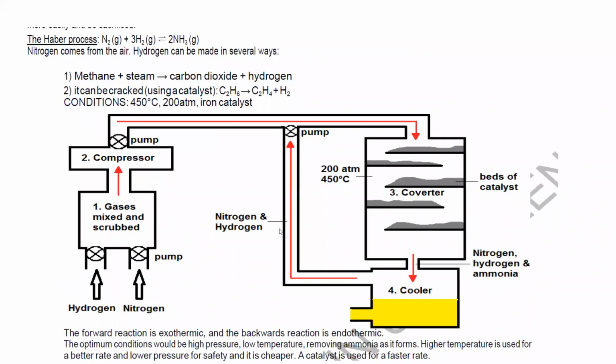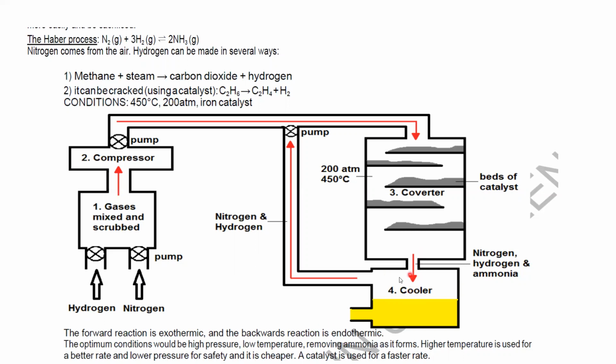So this is basically how the reaction is done. You can see the hydrogen which we obtain from hydrocarbon and nitrogen from air, they are compressed, then passed over a bed of catalyst at around 200 atmospheres and 450 degrees. Then it forms ammonia, the ammonia gas is cooled down and we remove the ammonia.